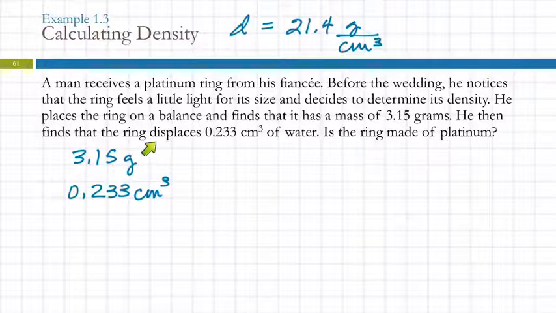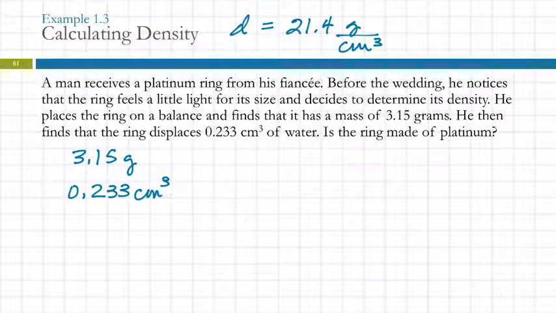This is a technique, displacement, for measuring the volume of an object that's not a regular shape. Now, if it was a cube or a rectangular prism or something, you could use geometry in the measurements. But a ring is difficult to calculate the volume of. So you can take a graduated cylinder, record the level of the water in it, put the ring in.